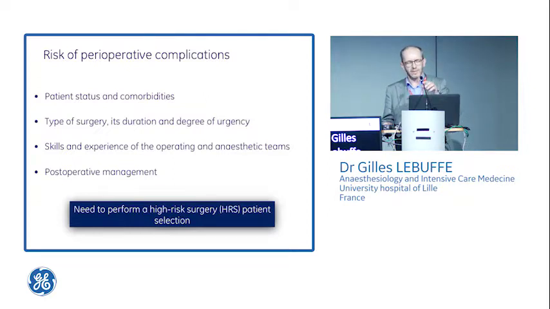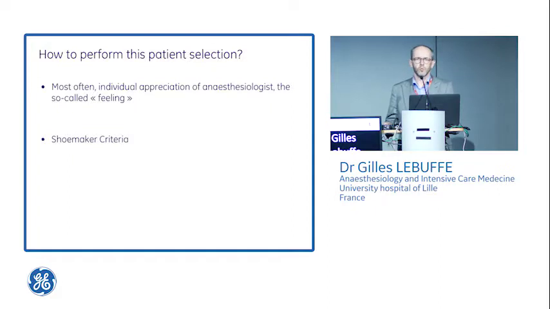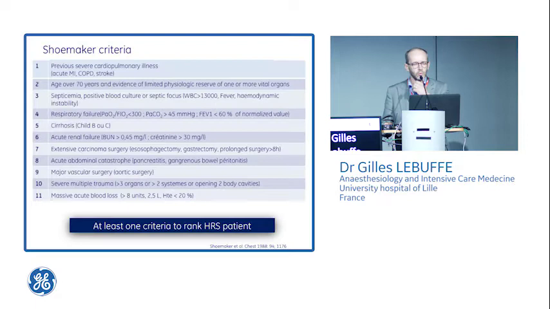So it's needed to identify high-risk surgical patients. Most of the time, this is the so-called feeling. And this feeling is quite reflected by the Shoemaker criteria and Shoemaker score. When we look at these Shoemaker criteria, you observe that it depends on the patient's status.